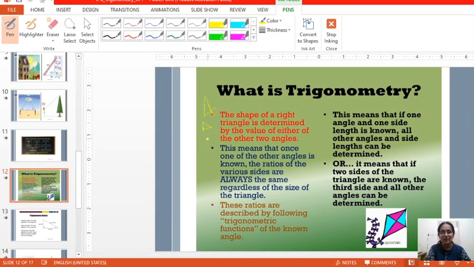When we find out the trigonometric ratios, the ratio does not depend upon the sides of the triangle. You know the concept of similar triangles, right? Similar triangles means the ratios of corresponding sides are equal.